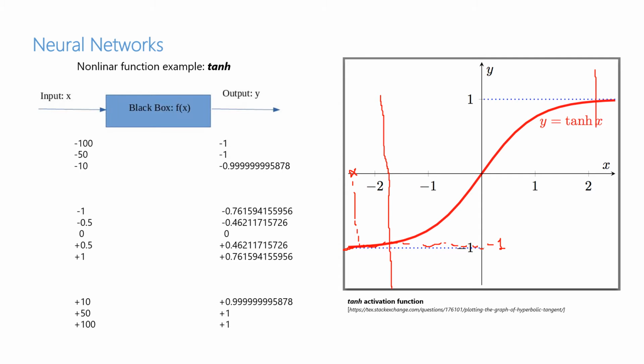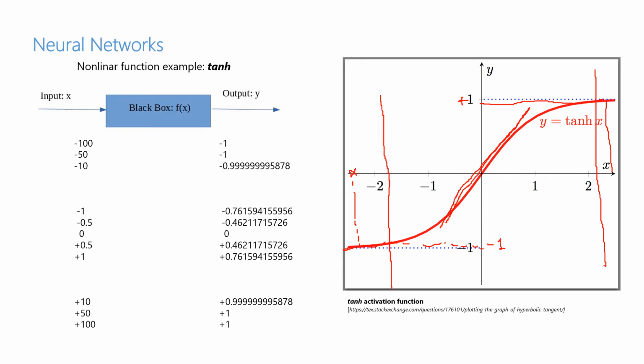If we have values of x that are far enough from 0 on the positive side, tanh will give us values that are around +1. In between, the value of the output is growing with the x, and it's somehow not too far from the input value.